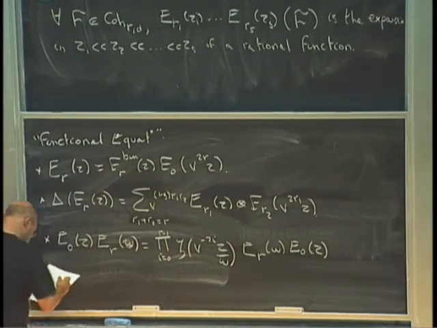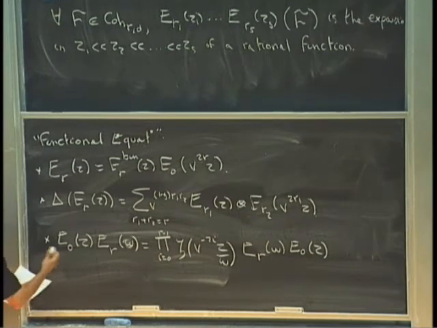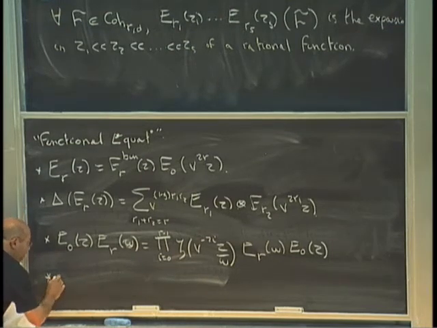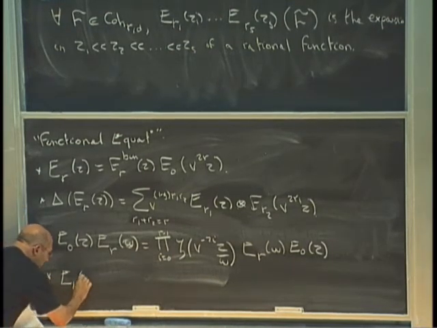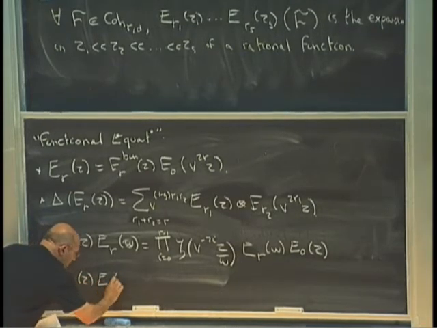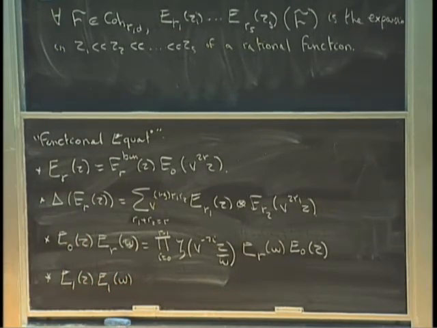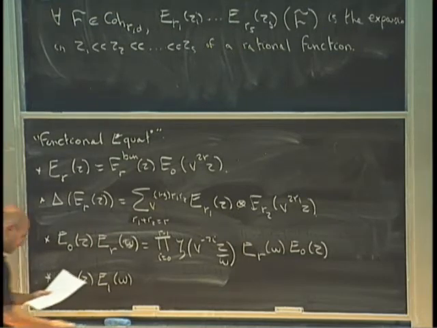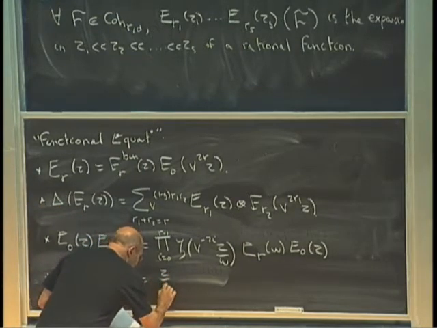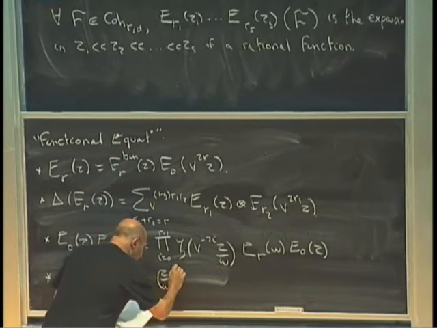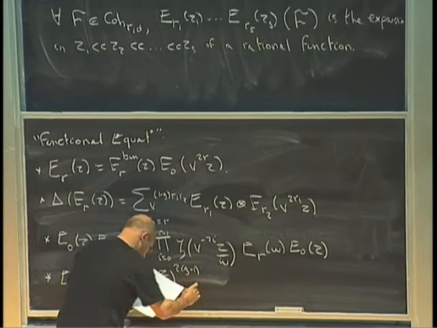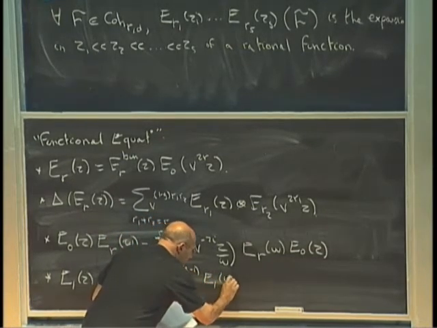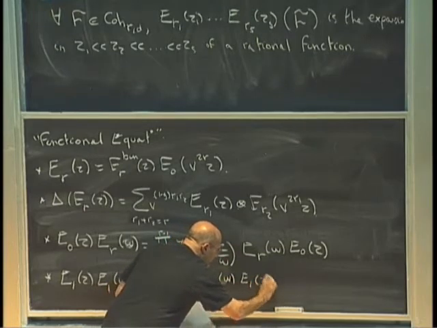And then there is the actual functional equation, which tells you how to commute E1(Z) and E1(W). And this is really nice. The formula is so simple. 2g minus 1, E1(W), E1(Z).